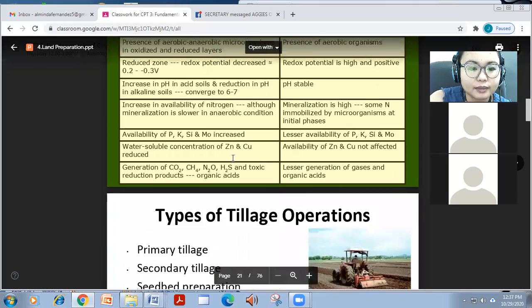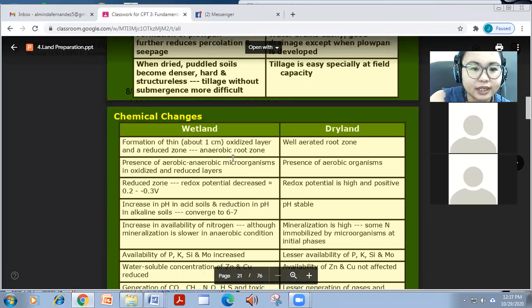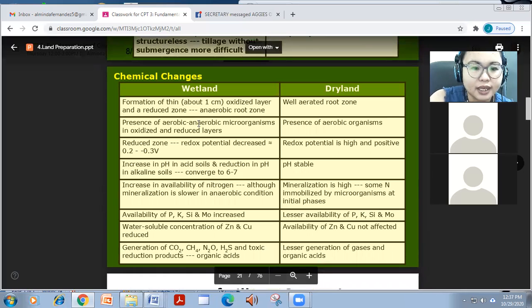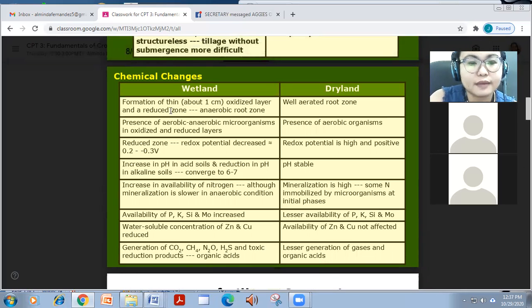So aside from physical, there are also chemical changes. This involves an oxidized layer and a reduced zone; for wetland, it is an anaerobic root zone. Because it is wet, you should know that when the soil is flooded with water, there is scarcity of oxygen. But in a dryland, it is more or less aerated.